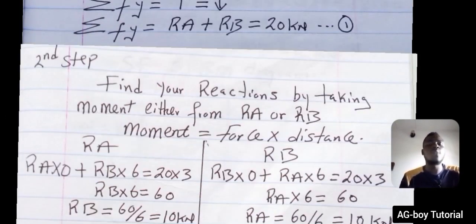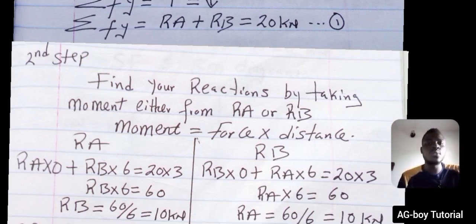Now moving to step 2. For step 2, we are going to find our reactions by taking moments either from RA or RB. Now remember, moment is equal to force times distance. I'm going to solve this problem both ways, for RA and also for RB.